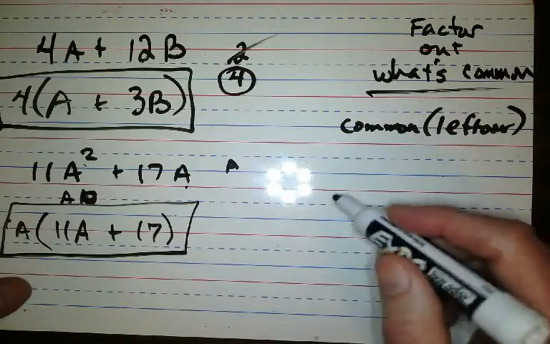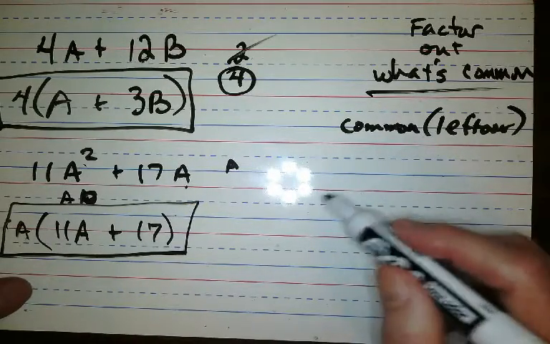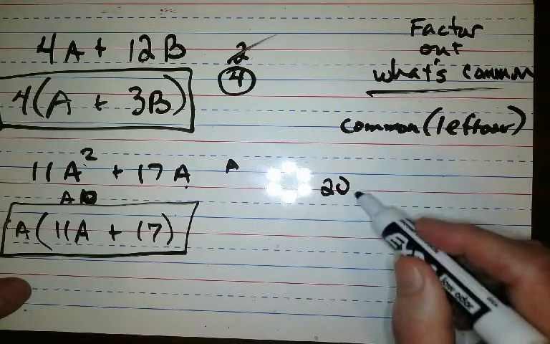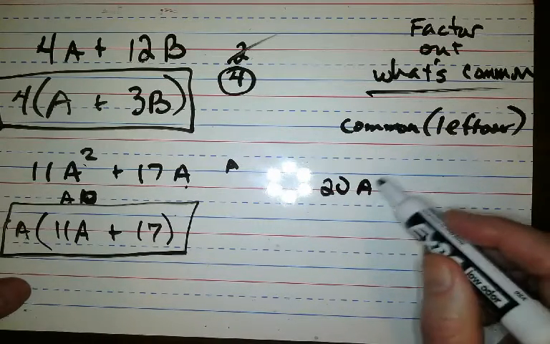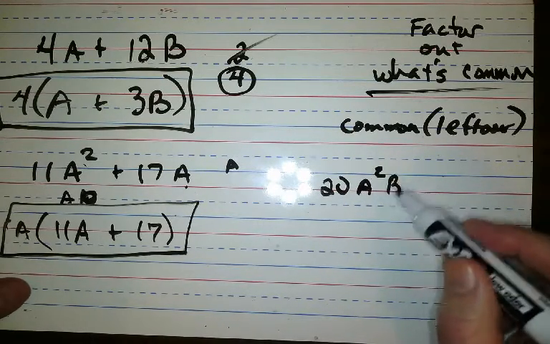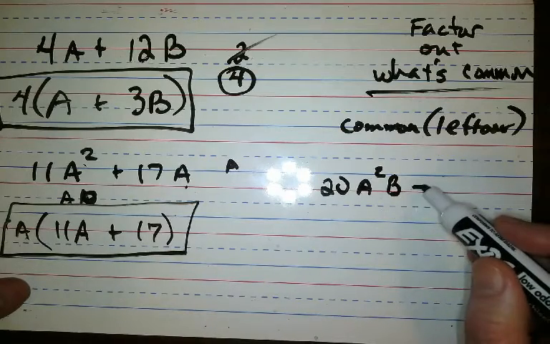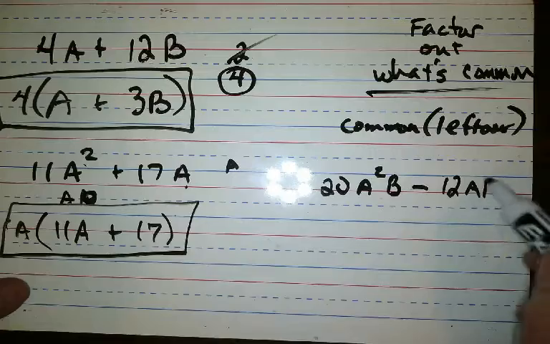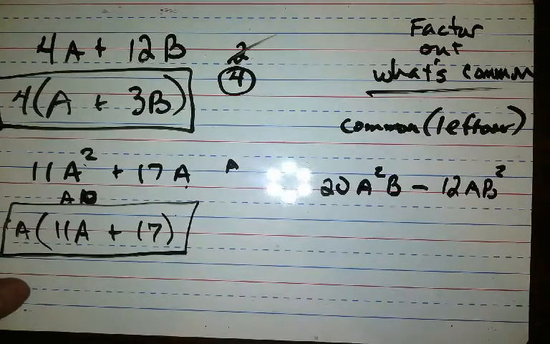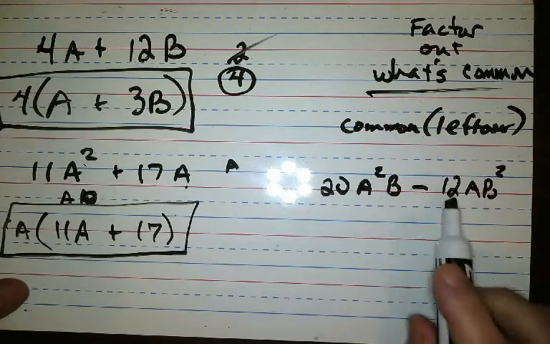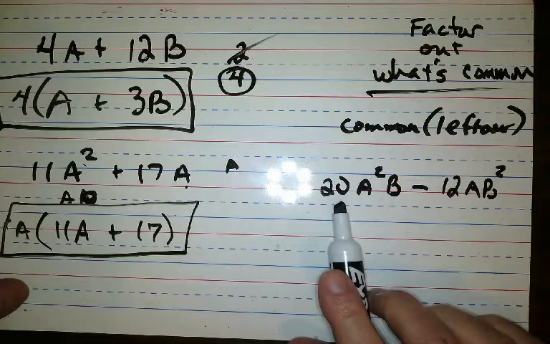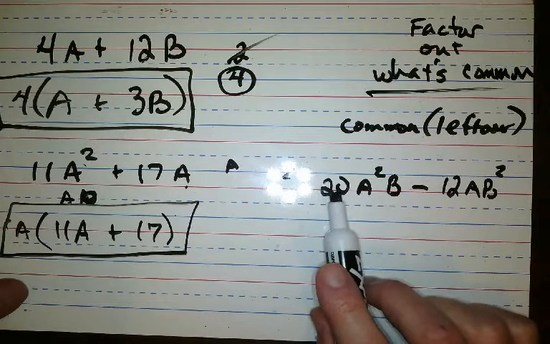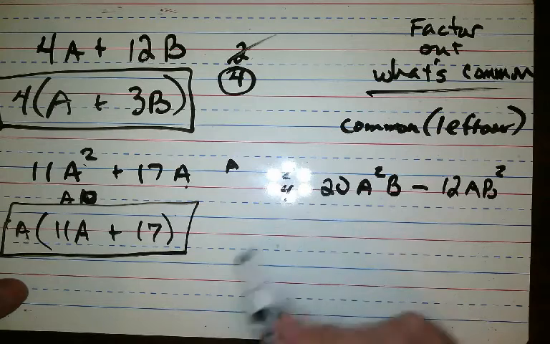Well, I suppose you could have numbers and letters that are equally divisible, right? So what if we had 20a squared b minus 12a b squared? Oh my goodness, what is that? Well, they're both even, so they're divisible by 2. In fact, they're both divisible by 4. 4 divides in there and there, so we can take 4 out.